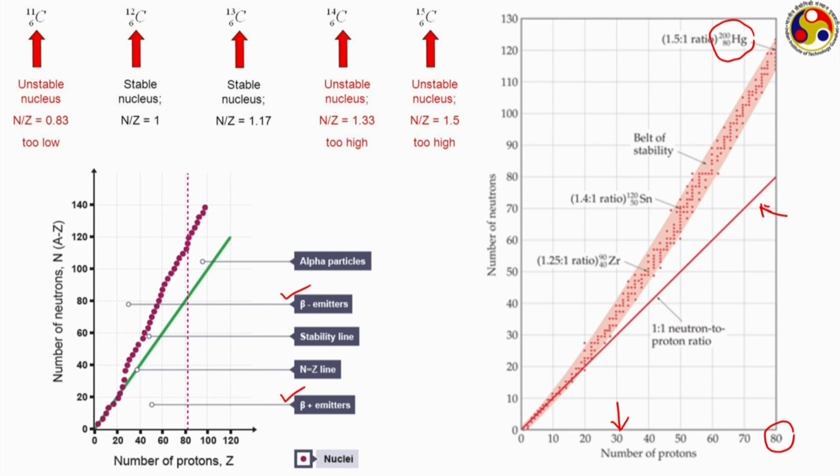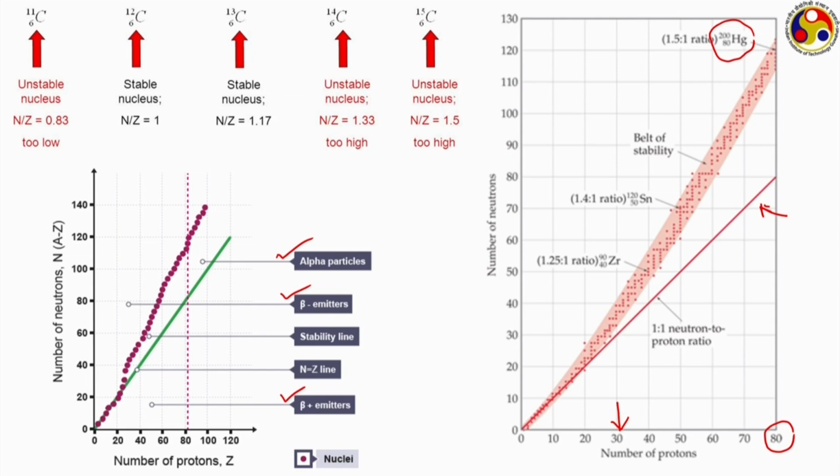We shall be coming to this shortly. And only for heavy isotopes, that is when the atomic number is 80 or even higher, we can have alpha decay, or emission of alpha particles. So, we can clearly see there are at least 3 kinds of nuclear reaction possible as per this particular curve.